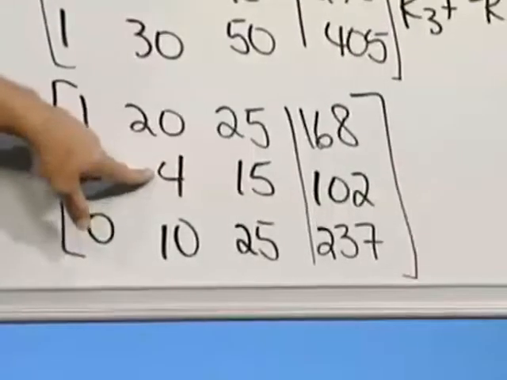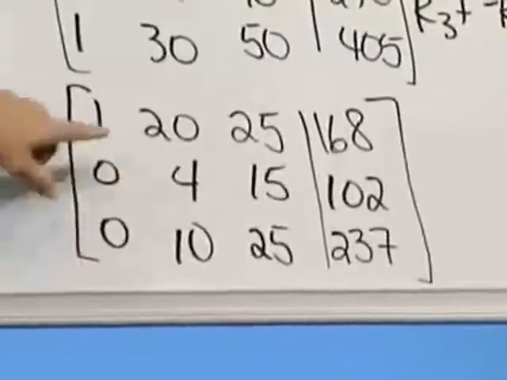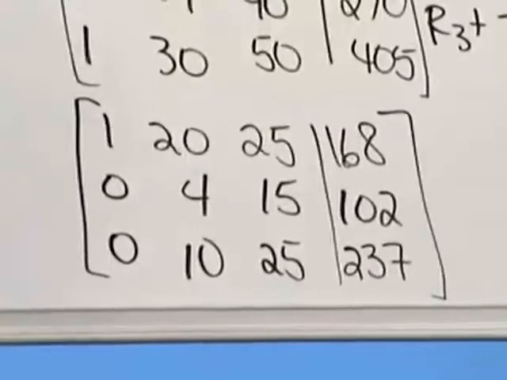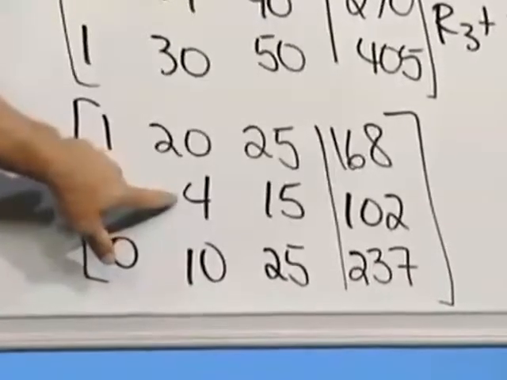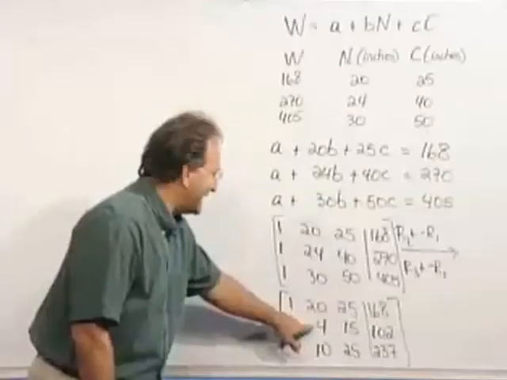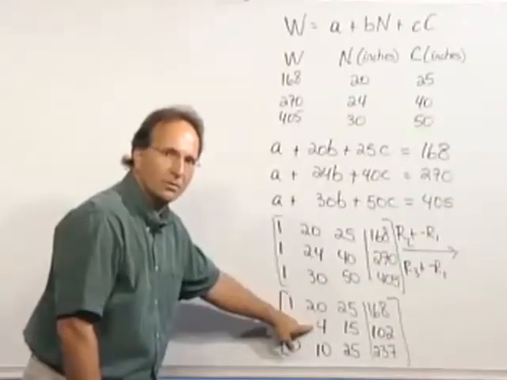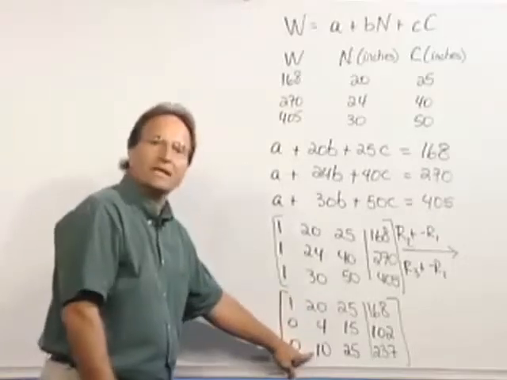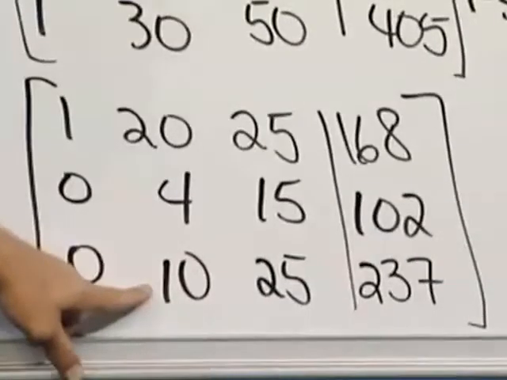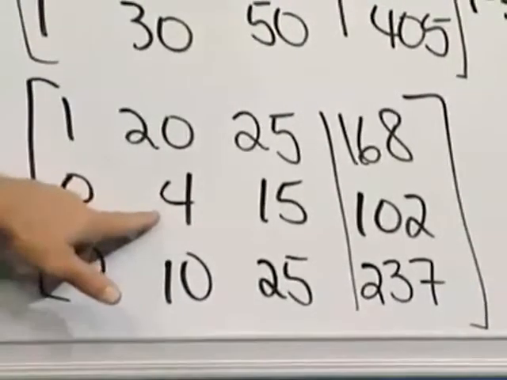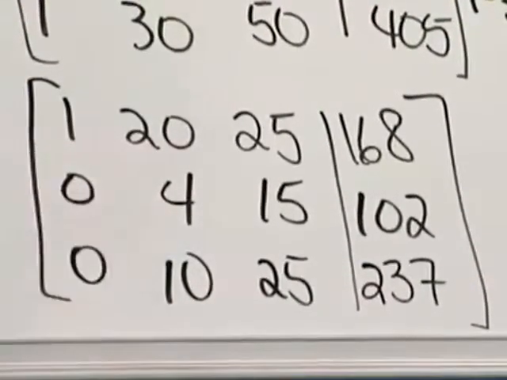Well, next what we'd like to do, of course, is we want either to create a 1 in this position or we want to create zeros in this position. So what we can do, notice, is leaving this as a 4, we can take row 1 and add negative 5 times row 2. And that would create a 0 here. Similarly, we can create a 0 here by taking row number 3 and adding negative 2.5 times row number 2.